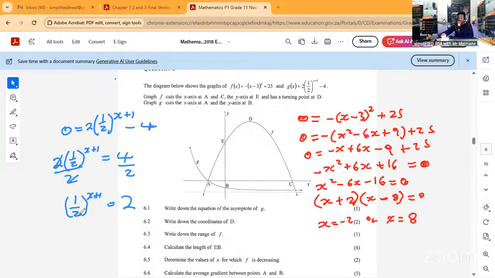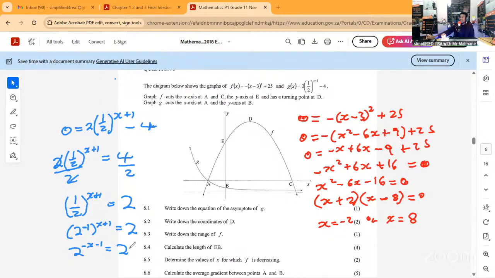Now check this out. This is the same as 2 to the exponent negative 1, with x plus 1 being equal to 2, because I want to make the bases the same in order to equate the exponents. So this will be 2 to the exponent negative x minus 1 is equal to 2, which is 2 to the exponent 1.